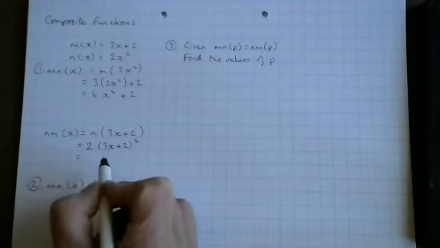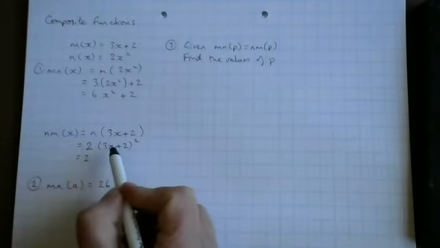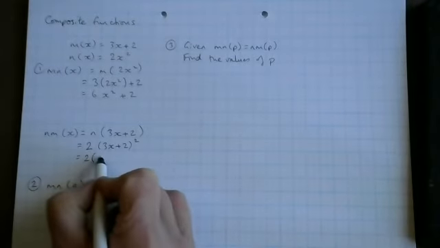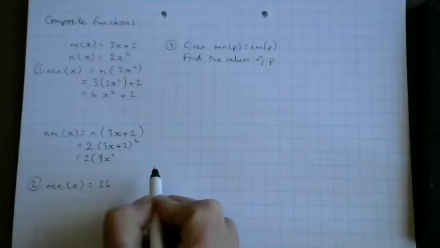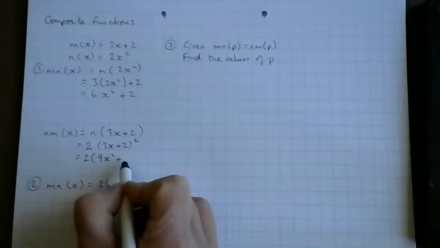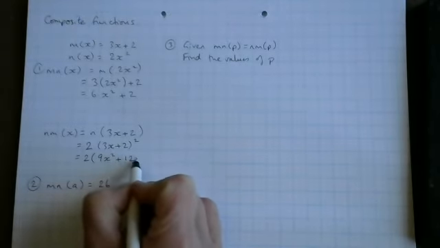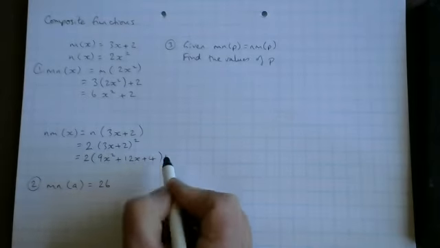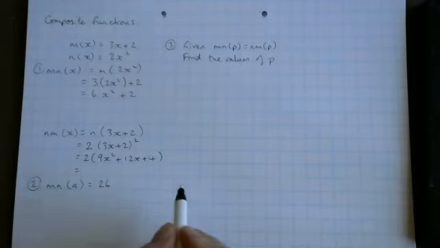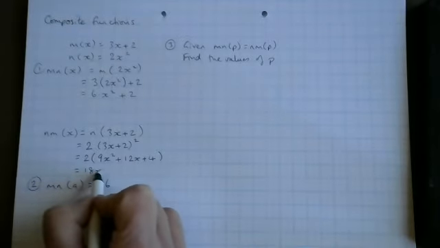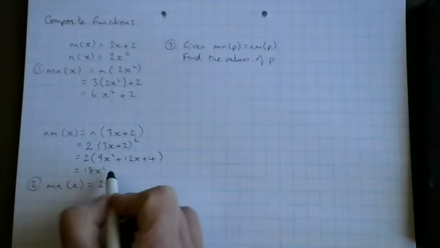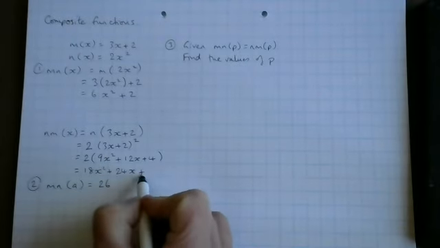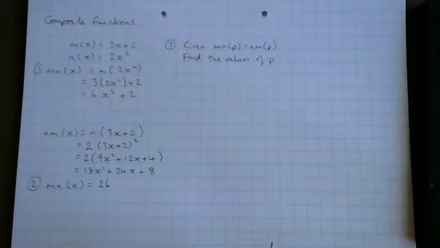And that equals 2 times, to save space here, because I'm crashing into this one already, I'll expand this out in one go, 9x squared plus 6x plus 6x plus 12x plus 4, equals 18x squared plus 24x plus 8. Okay.